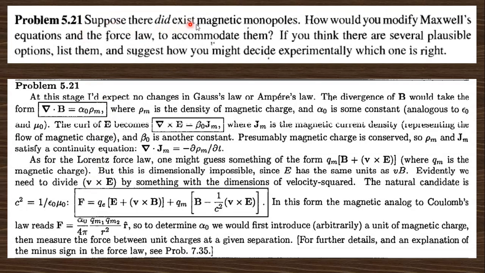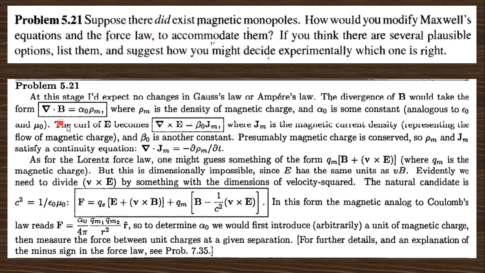Suppose there did exist a magnetic monopole, which does not exist, but if you suppose it exists, then this is not 0, it will be like that, because divergence of E equals some charge density. Just like this, in the case of magnetic, we can write this one. How do we modify the Maxwell equations and force?